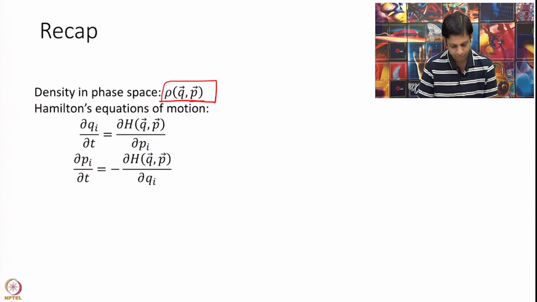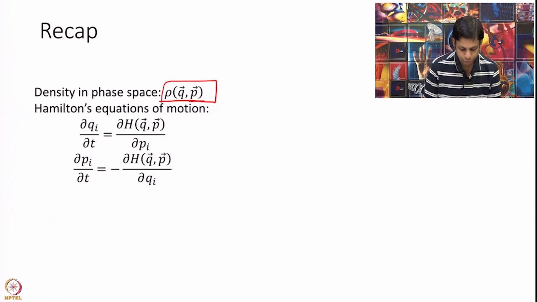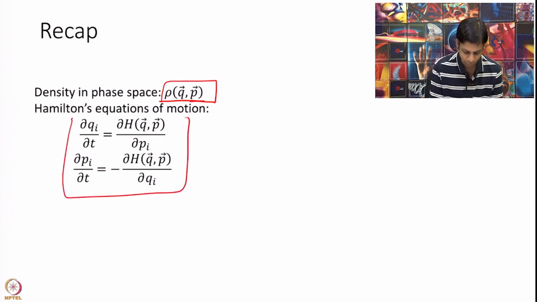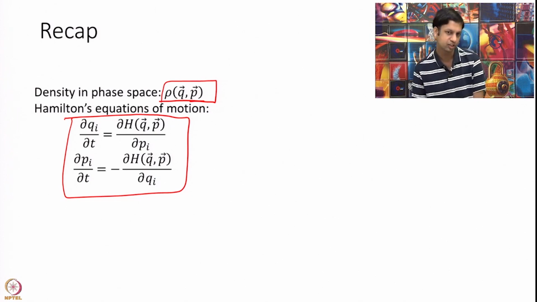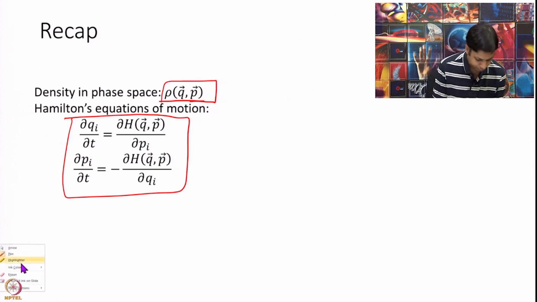We also derived, not derived really, but verified Hamilton's equations of motion given by these equations. Del qi over del t is del h over del pi and del pi over del t is minus del h over del qi, very symmetric looking equation. So, we will move forward with this.